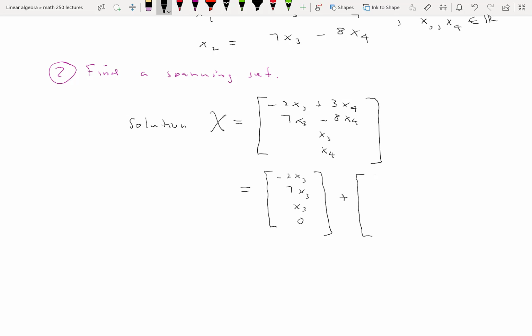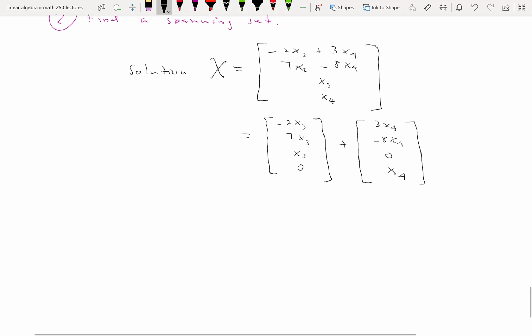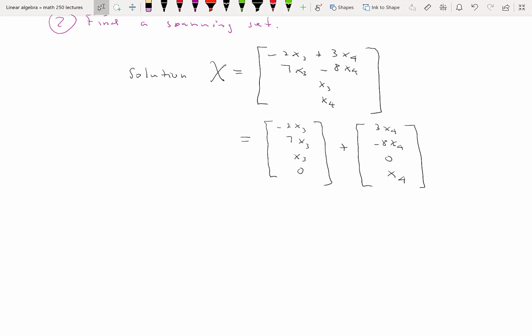Gather the x4s into a column vector. If you're not convinced that that's correct, just add them together. You get the single column vector solution by adding these two together. Now, in the first vector, we can factor out an x3. X3 is a free variable.